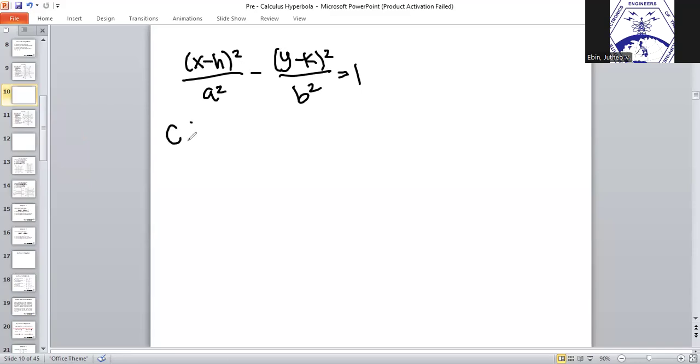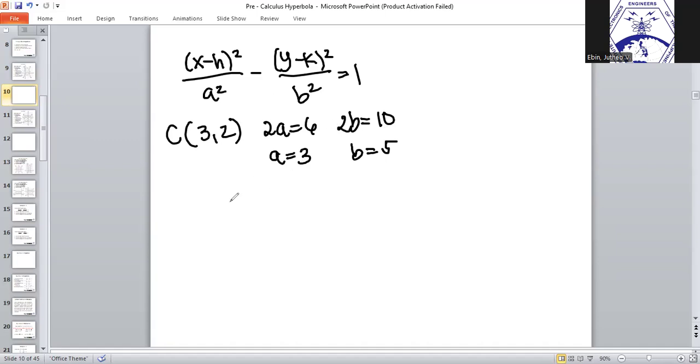So yung h, k natin is the center. So ang center natin ay 3, 2. 2a is 6. We need to divide by 2 to find a. So a equals 3. A lang kasi yung kailangan natin sa standard equation. And 2b natin is 10. So our b is equal to 5. Divide lang by 2.